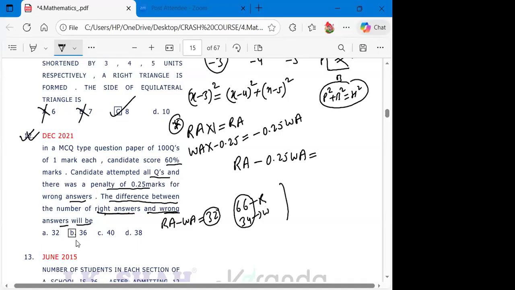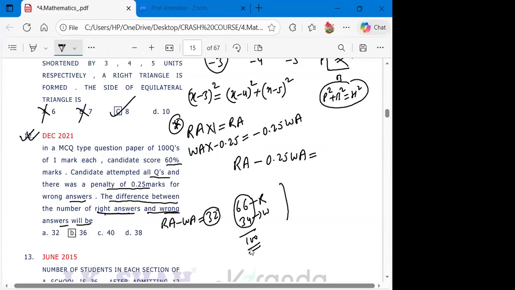When is option 2 possible? The difference is 36. Remember one thing: the two numbers' total has to be 100 always, because the number of questions is 100. So do not take any random numbers for the difference 36.